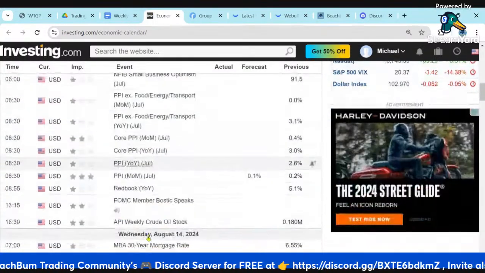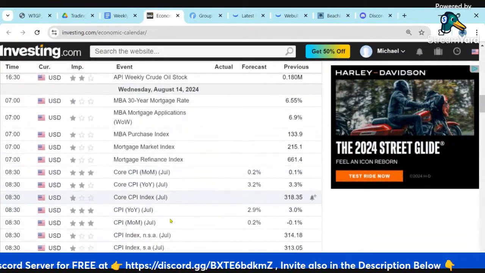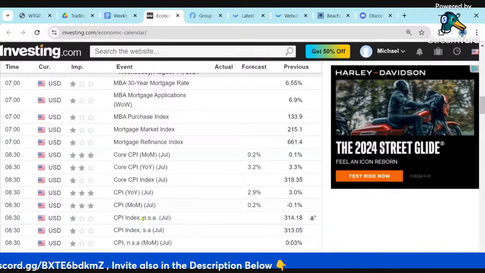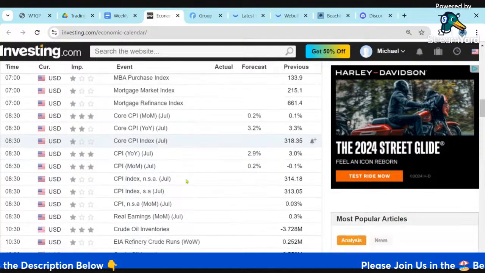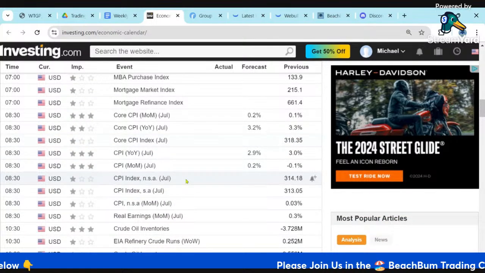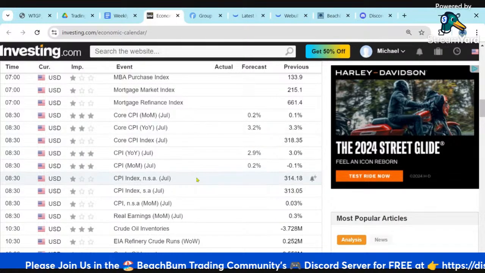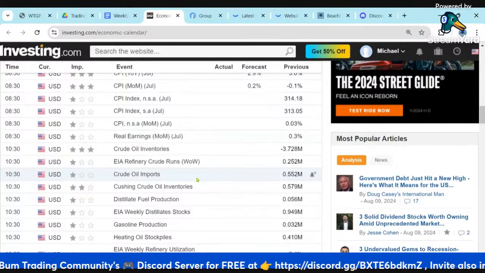And we talked about PPI data on Tuesday, got mortgage data and CPI on Wednesday. So this will be a major volatility catalyst if inflation's higher than expected. Again, that would be very negative for the market. If it's calming down, cooling off, that would be a positive. Higher probability of rate cuts sooner.